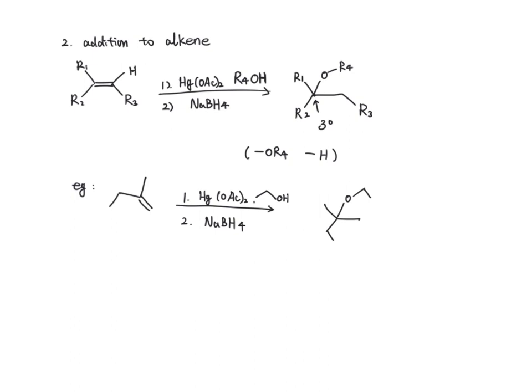So I'm going to highlight that this hydrogen is added, and this ethoxy group is added. Okay, so that is our product. Again, we need to think about the stereochemistry here, and for this one we'll have a squiggly line. So you basically have a pair of enantiomers in this case.